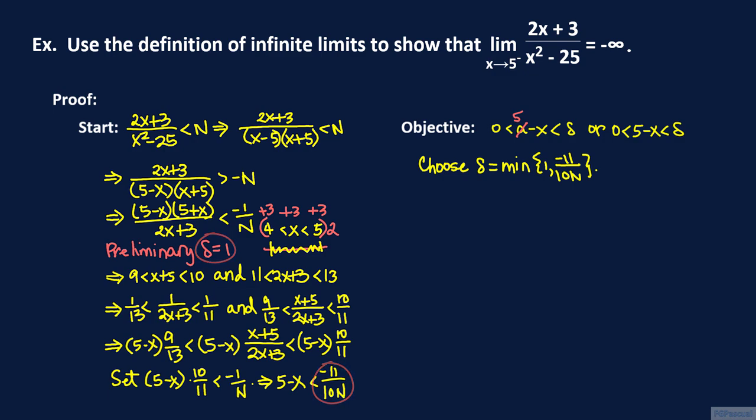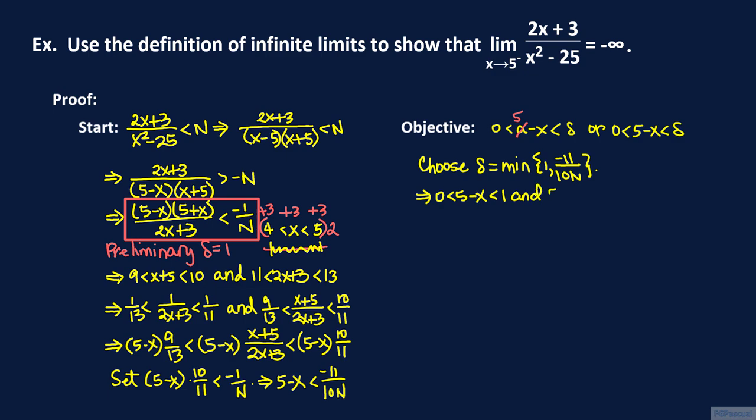Now we slowly build up the n inequality. We first take aim at this inequality. We start with 0 is less than 5 minus x. And with our choice of delta, 5 minus x is also less than 1.